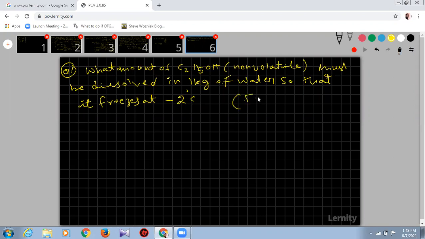So assume the freezing point of water is 0°C, and Kf for solvent, what is the Kf value? It is 1.86 Kelvin kg per mole. Okay, this is the data. So you can try it, same like the elevation in boiling point.